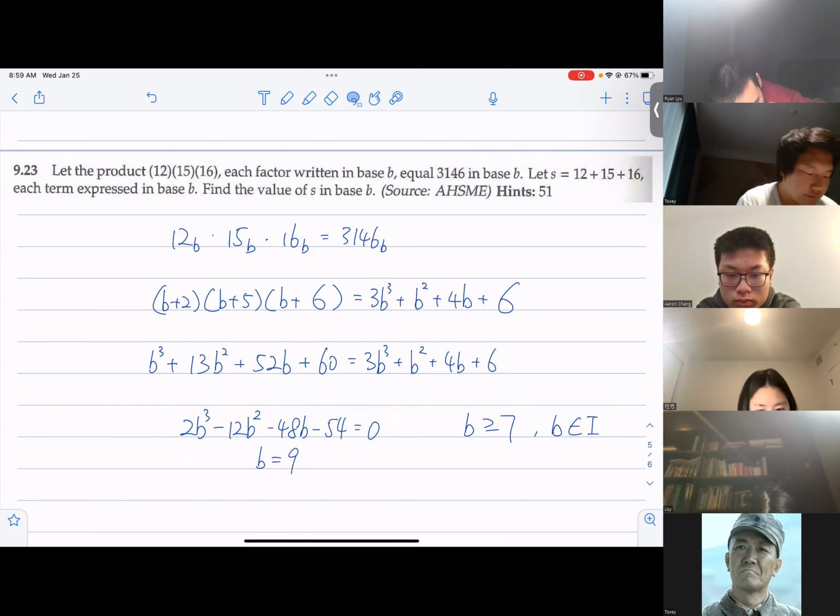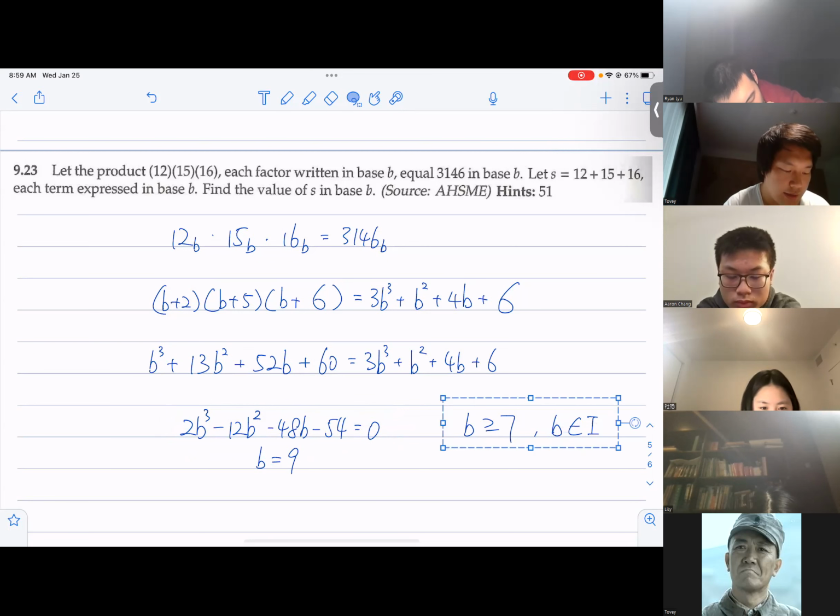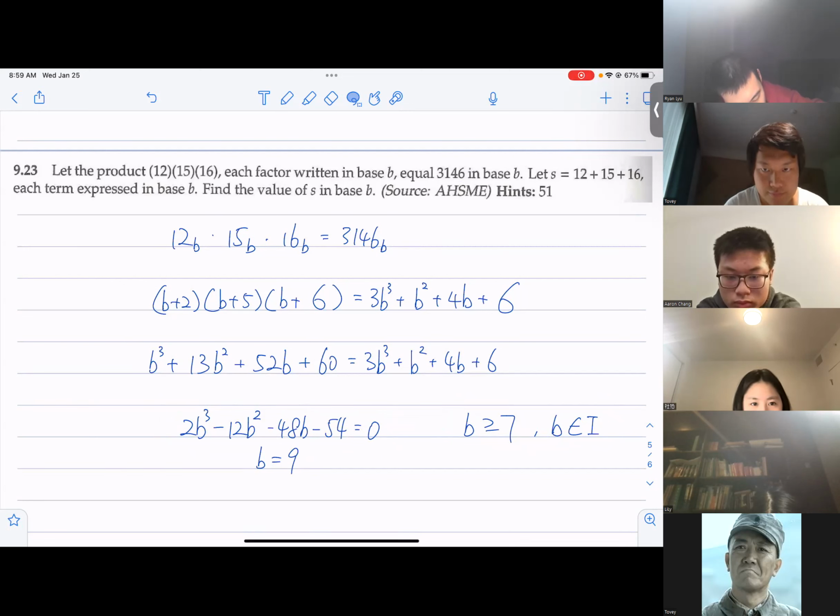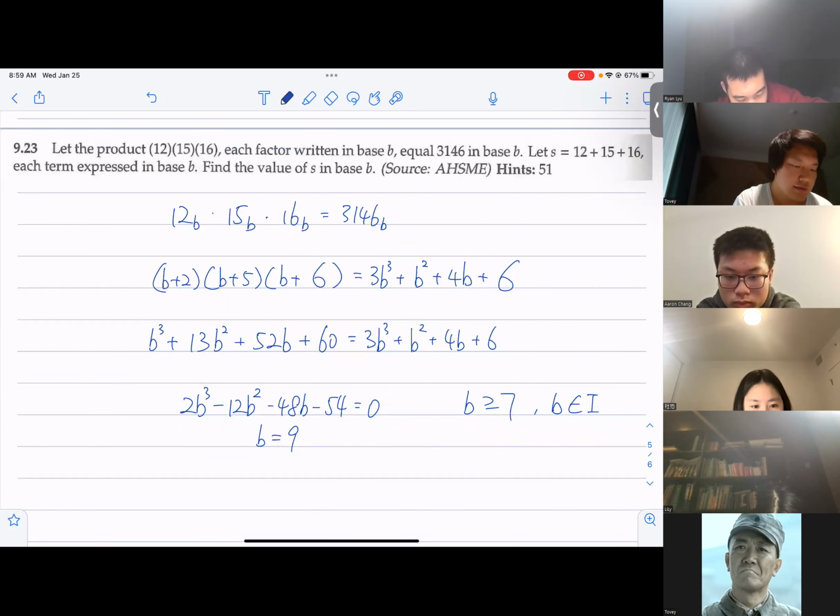Okay, so here you don't actually need any advanced algebra knowledge to solve it. You just need to know that b is greater than or equal to 7. So you try 7, you try 8, you try 9, and that works. Then you know b is 9. And after you know b is 9, then that's it, right? So s is 12 plus 15 plus 16.